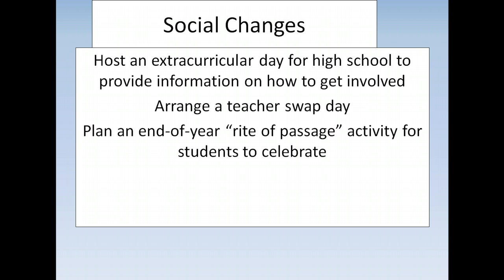There are many ways that middle school educators as well can assist with social transition changes.